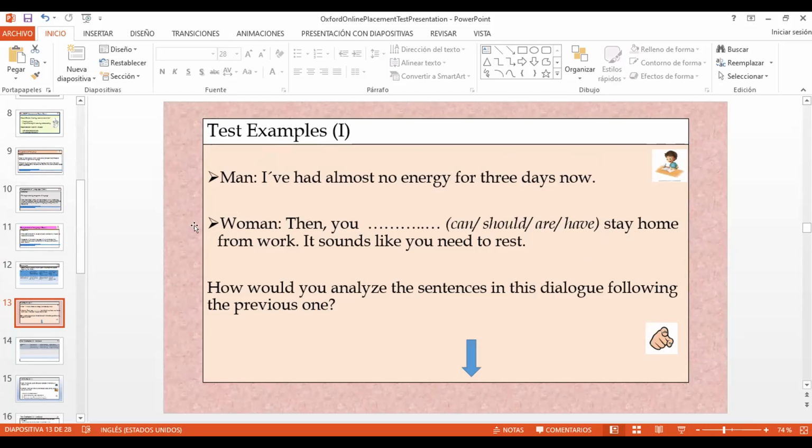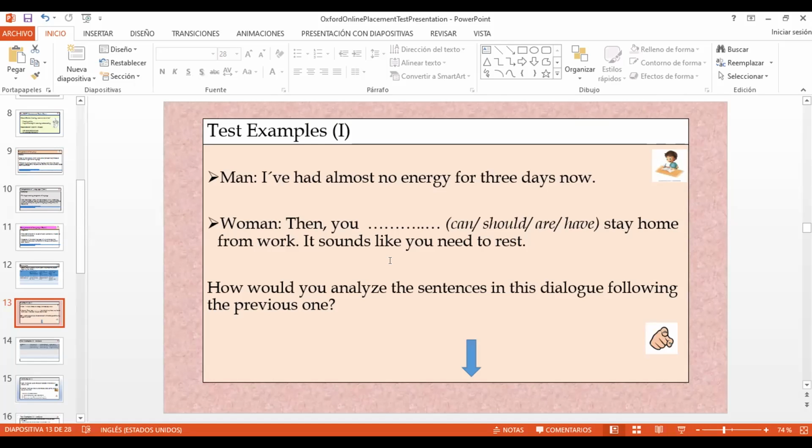So we will do this analysis, yes, but now what do we complete here? Those are simple verbs you have learned. You have modal verbs, you have indicative verbs. Stay home from work. It sounds like you need to rest.